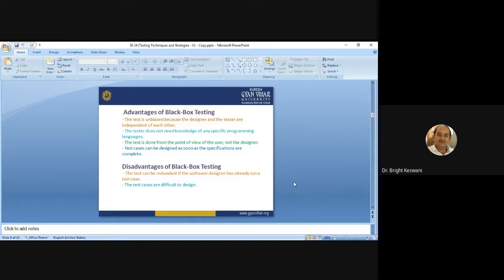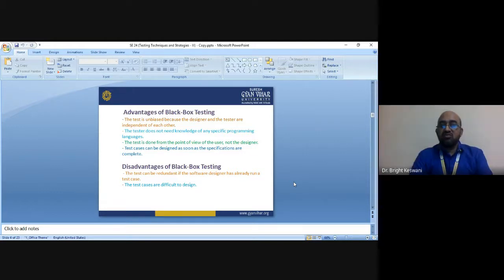We are looking at it from the point of view of the user: what the user wants, what the end product will be. These are the focusing points, and whatever the designer made is not our concern. The last advantage is that test cases can be designed as soon as the specifications are complete.